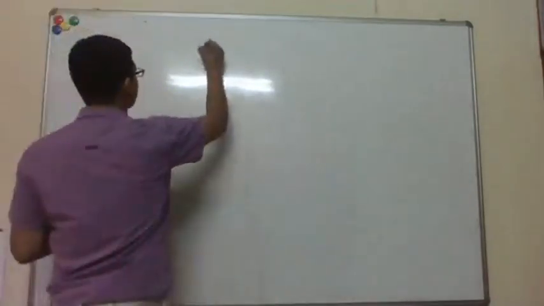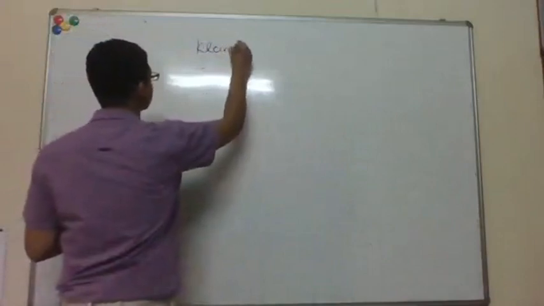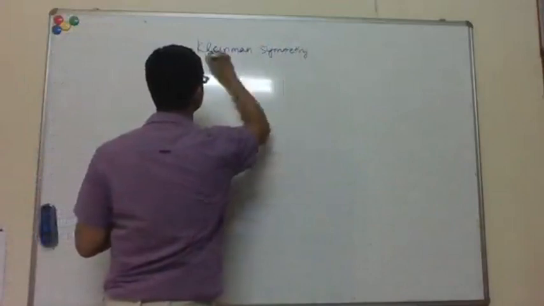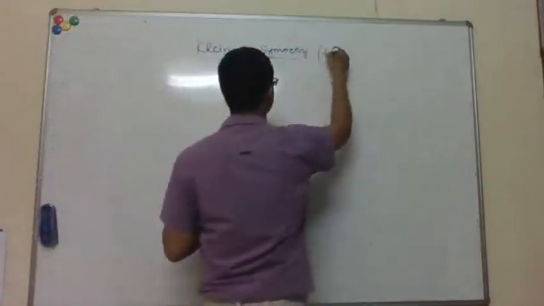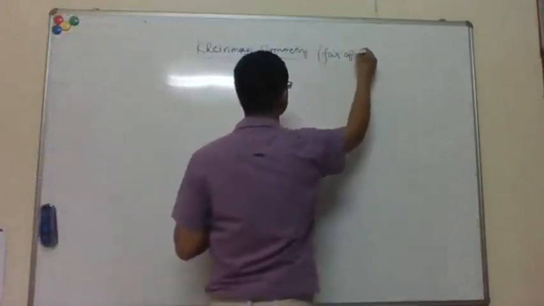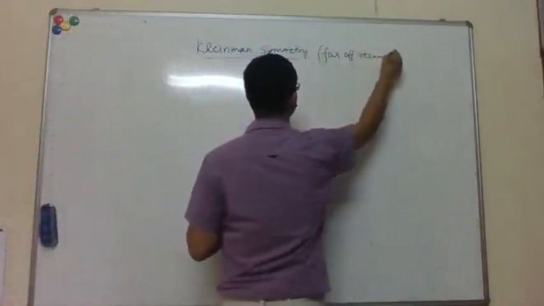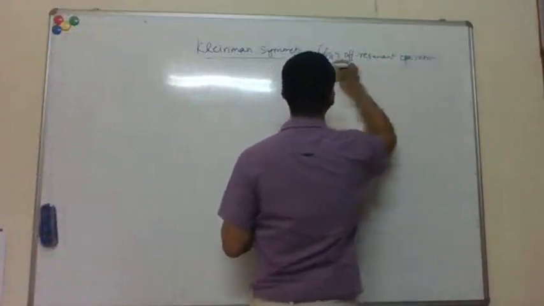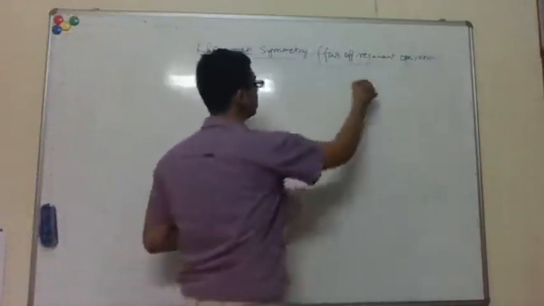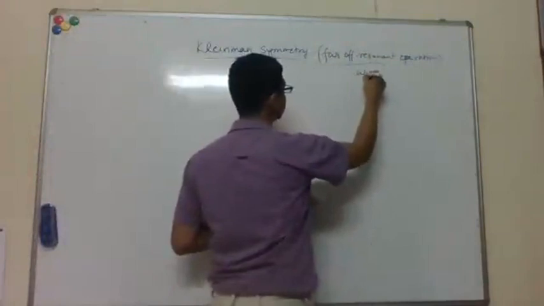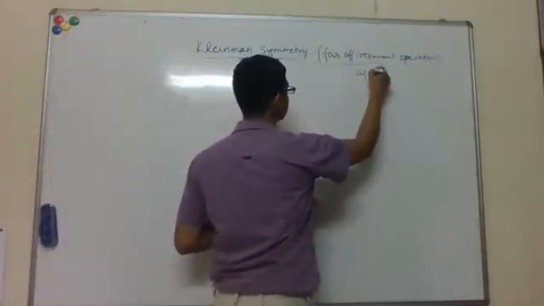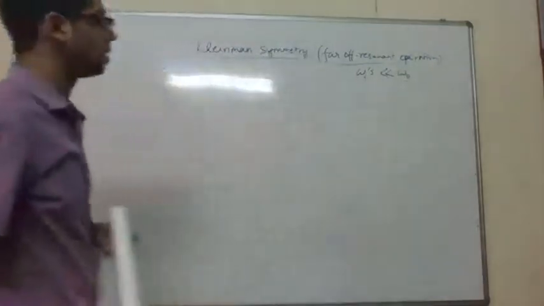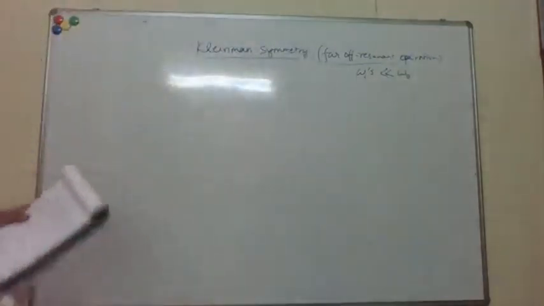Okay, so one further symmetry is called Kleinman symmetry. And this is for far off resonant operation that we talked about. Typically, all the frequencies present in my interaction are far away from the resonant frequency.